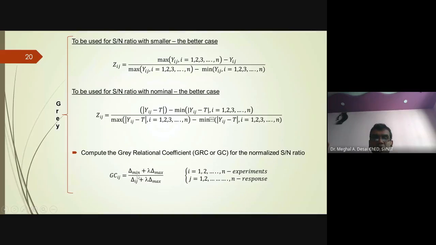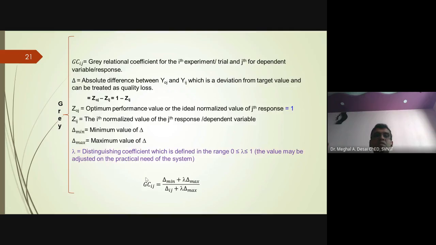It is delta minimum plus lambda delta max divided by delta ij plus lambda. So delta value is the value where we are going to use the normalized value Z, while lambda is the distinguishing coefficient which will be decided by us. So how? That will see.